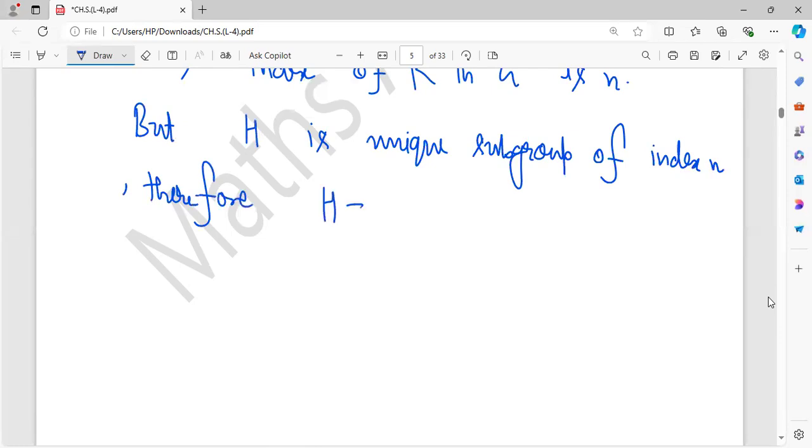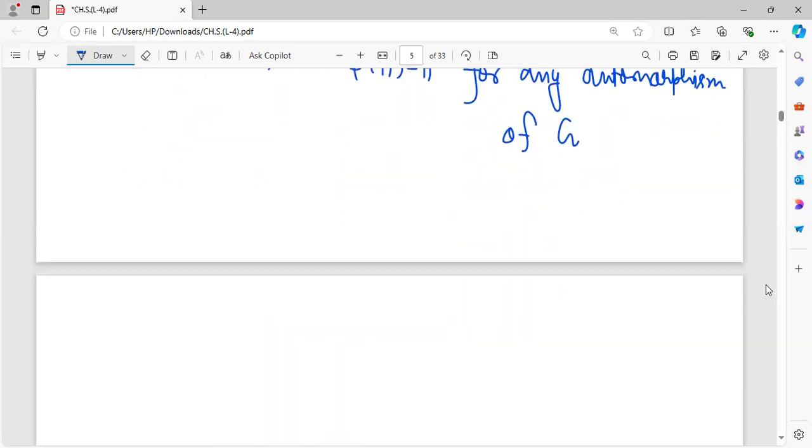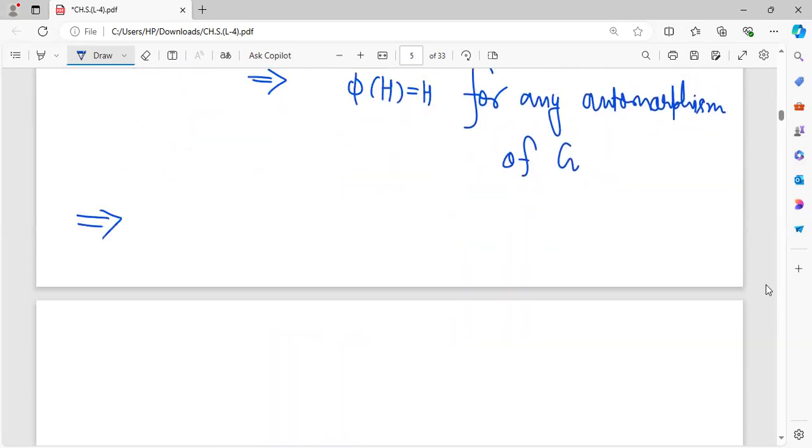Therefore H is equal to K. So this implies phi H is equal to H, because K is nothing but phi H. So we have phi H is equal to H for any isomorphism of G. So this implies H is a characteristic subgroup of G.